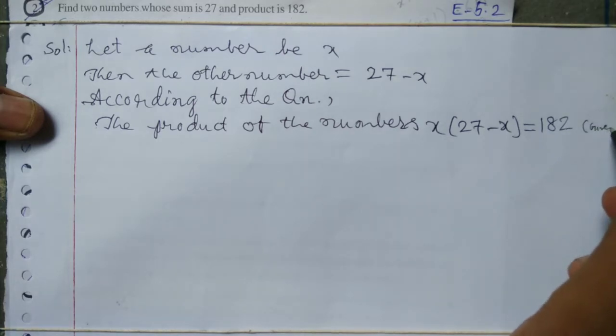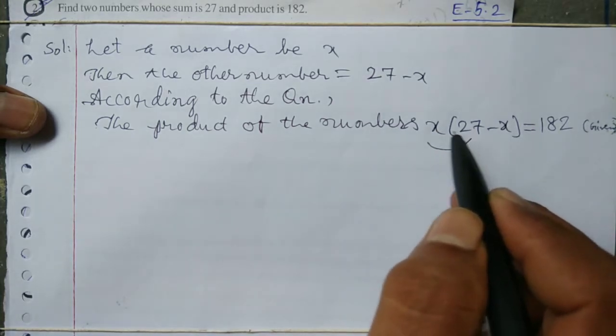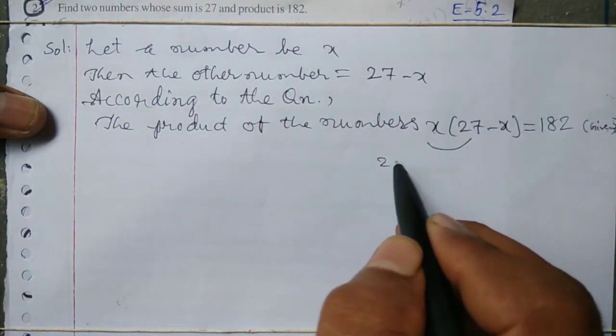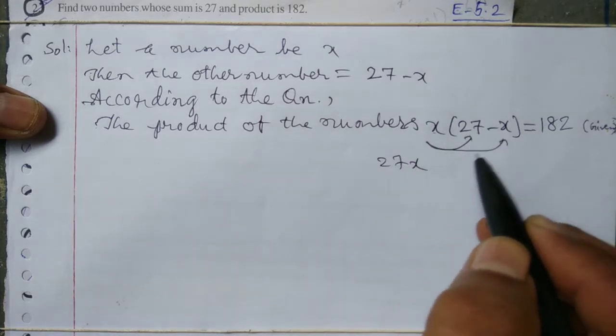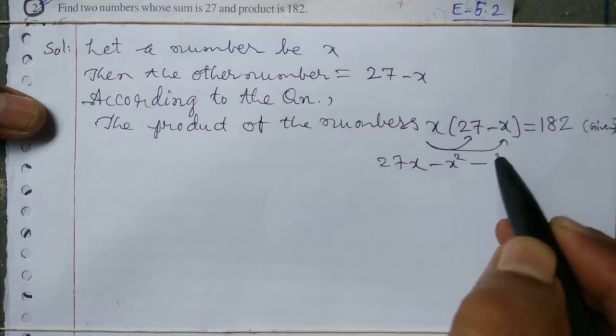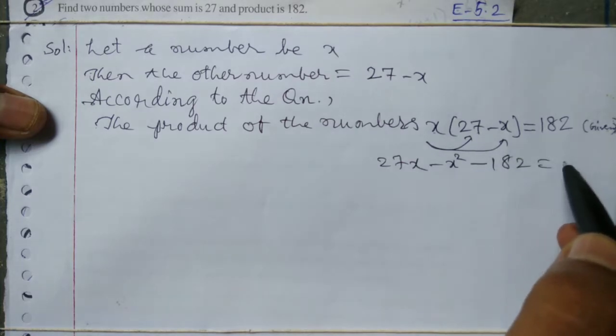Therefore, x into 27 minus x is 27x minus x square, minus 182 is equal to 0.